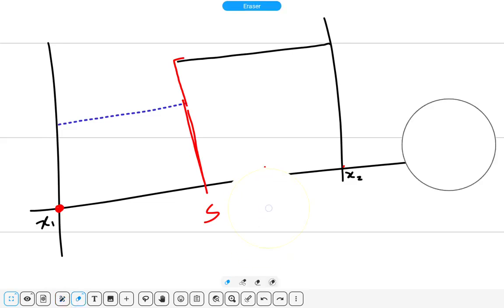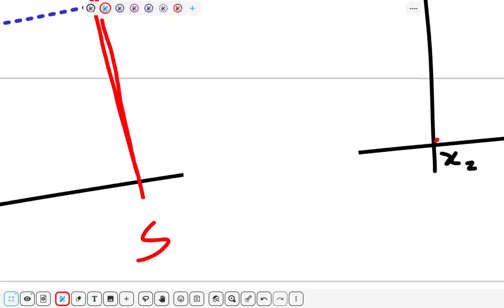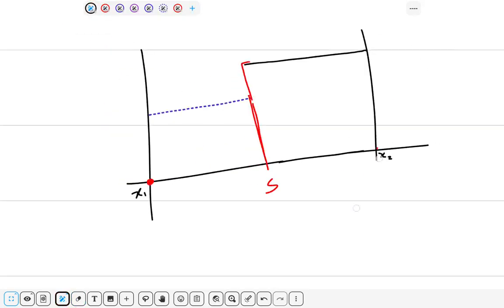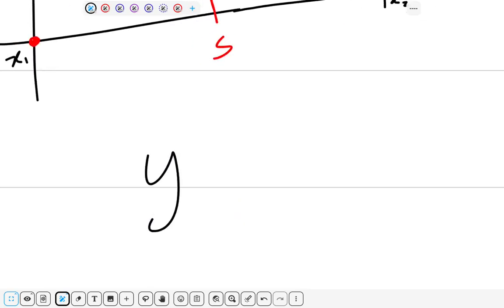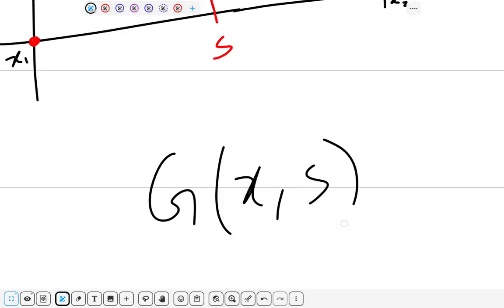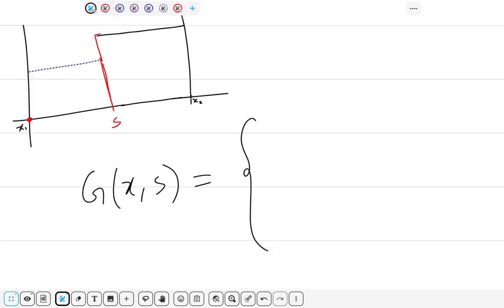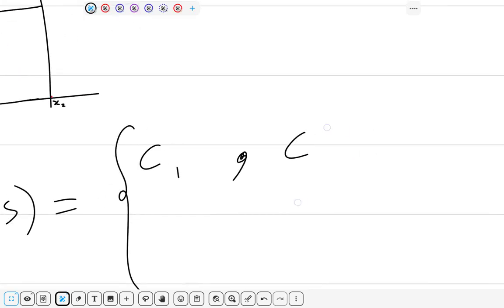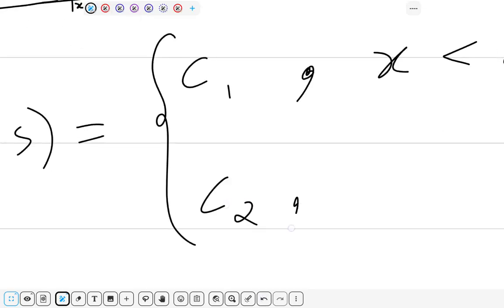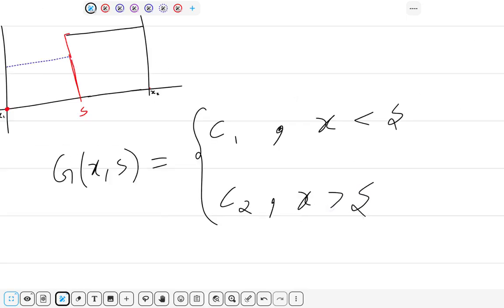So now, if this is the case, if I say that g of x comma s is, let's say, some constant when my x is lesser than this parameter s, and some other constant when x is greater than my parameter s.